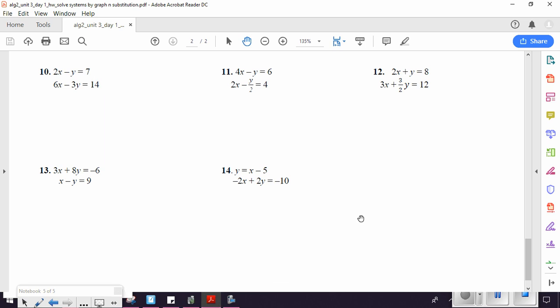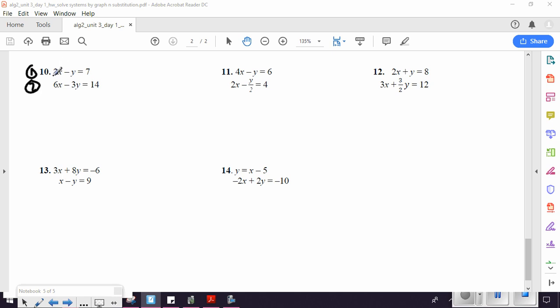Number 10, again, number your equations, 1 and 2. On equation 1 again, y is by itself. Well, y has a coefficient of negative 1, so it's easier to turn that into a positive 1.